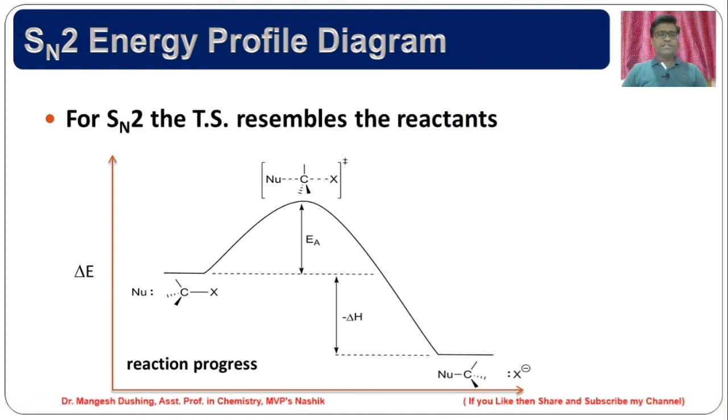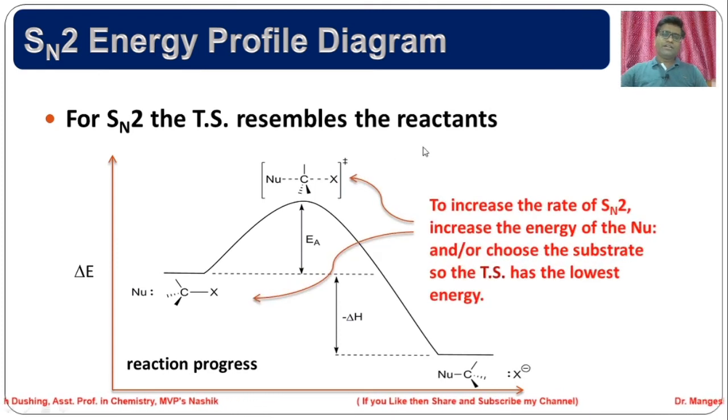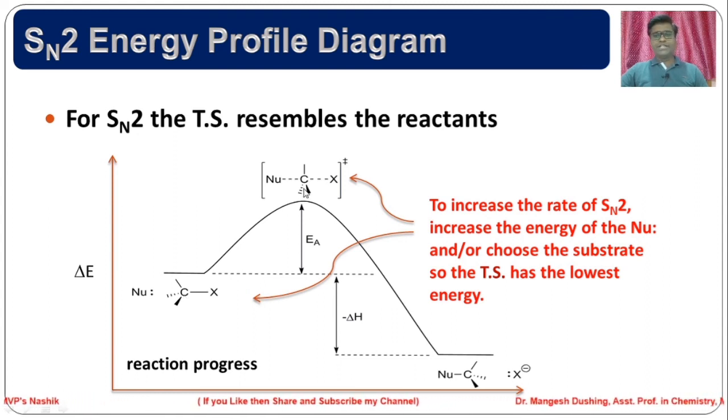For an SN2 reaction, the transition state resembles the reactant. To increase the rate of an SN2 reaction, increase the energy of the nucleophile, or choose the substrate so that the transition state has the lowest energy.